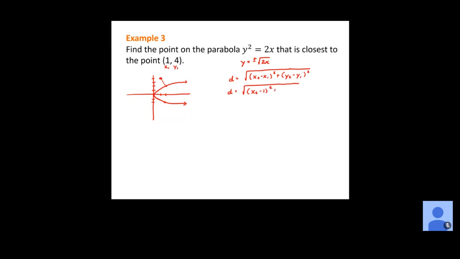So there's 1. and then I'm going to put 4 in for my y1. And so what we're trying to find now is the x and y value on the parabola itself that's closest to that given point. Okay, so that's why we can't plug in 2, 2, because we don't know if that's the closest point or not.